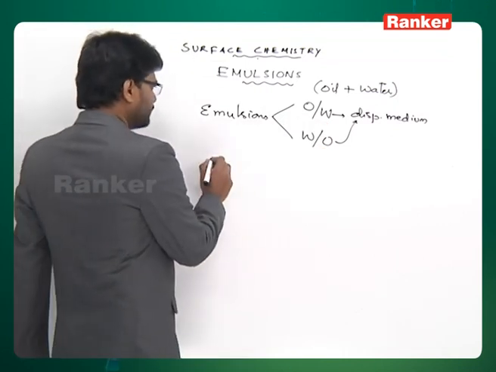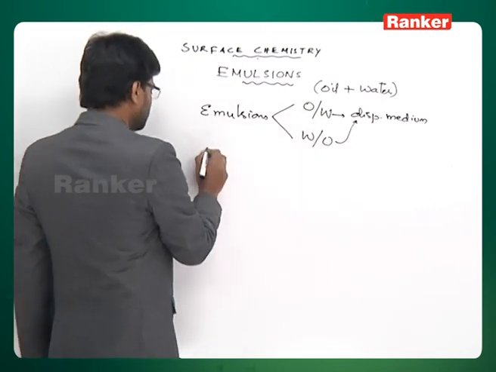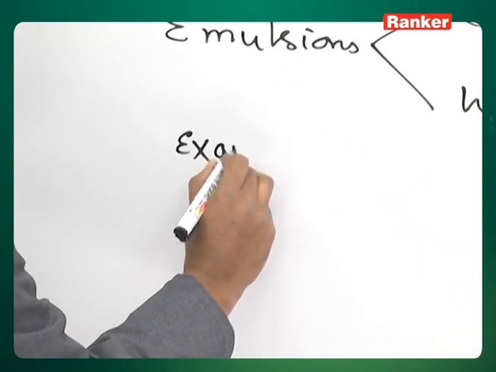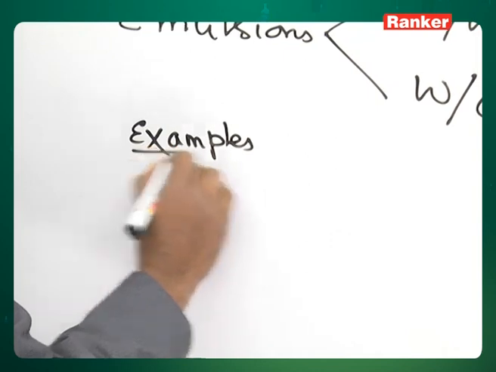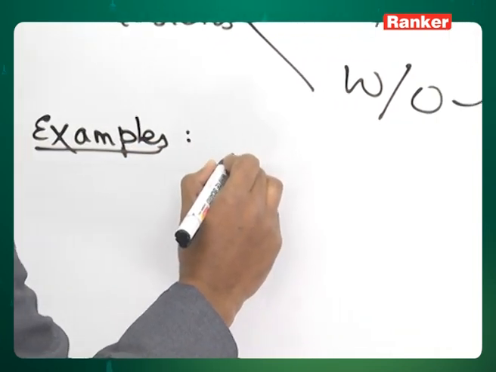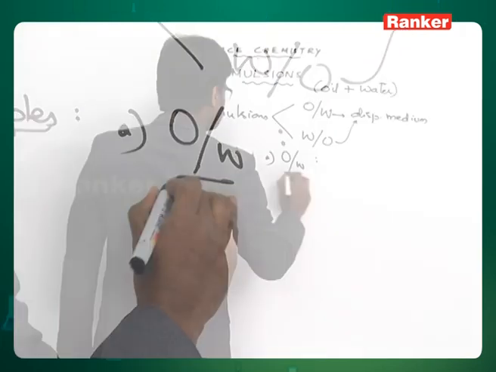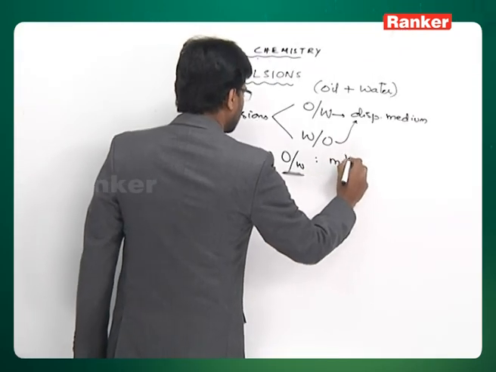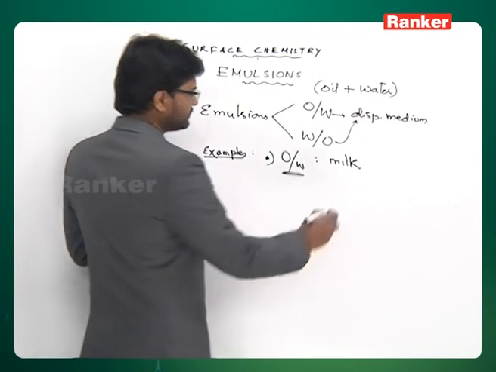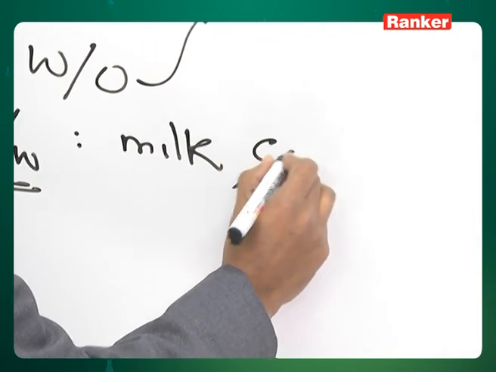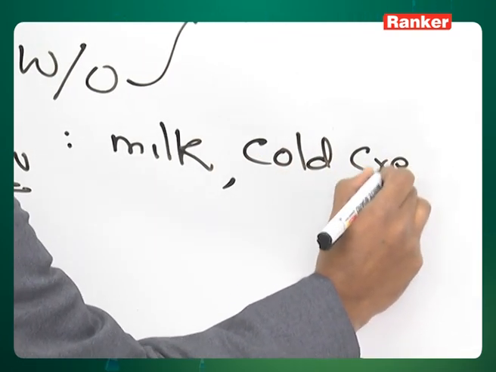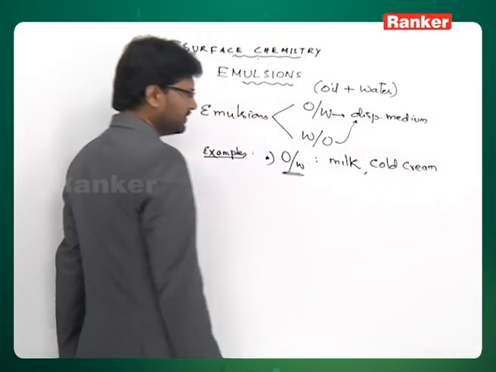Now, I would like to give you some daily life examples of oil in water emulsion. First, we will take up examples of oil in water emulsions. Milk is a case of oil in water emulsion. Cold cream is also an oil in water emulsion.